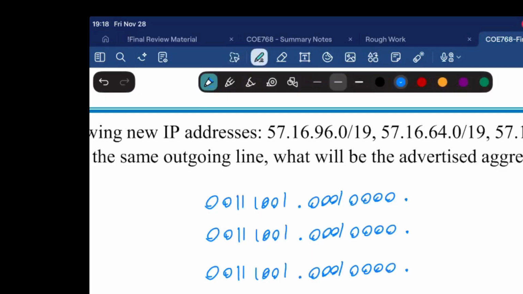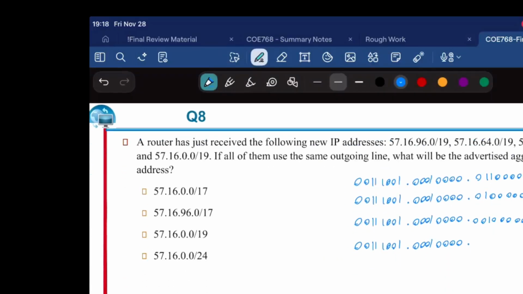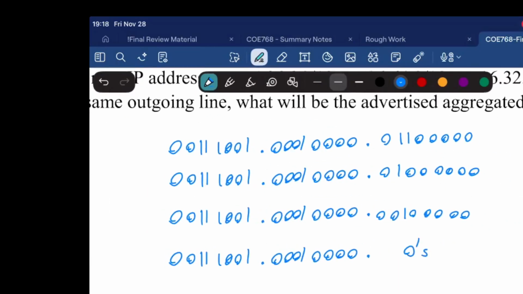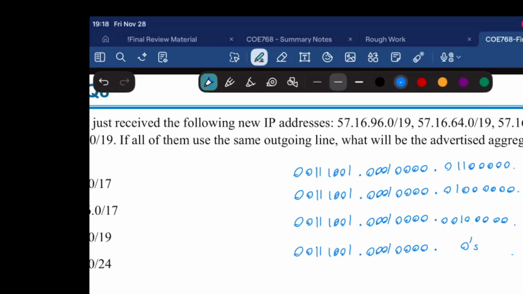And for the last one, we have 0, like all zeros, and then all these are ending in zeros as well. And we have this laid out.